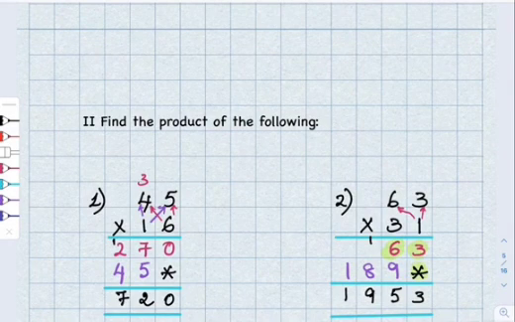Then I will start with the product of the second digit, which is 3. So 3 into 3 and 3 into 6 is what we will write in the second row. So 3 into 3 is 9. Then 3 into 6 is 18.